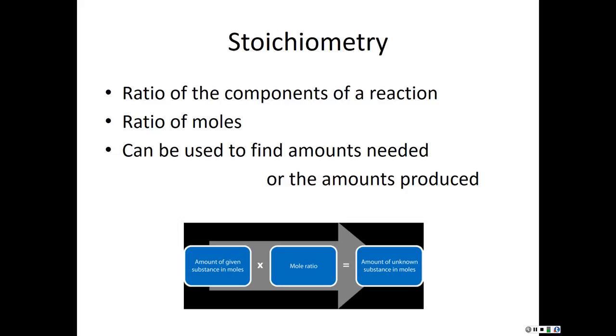So the coefficients in our balanced equation just tell us the ratio between moles. So if I start out with 1 mole of NiCl4, how many moles of NiO4 can I make?